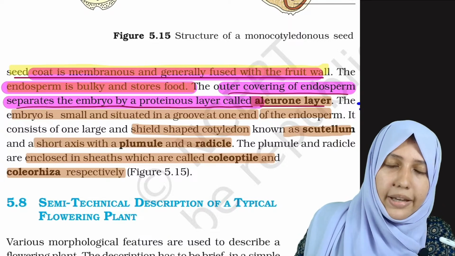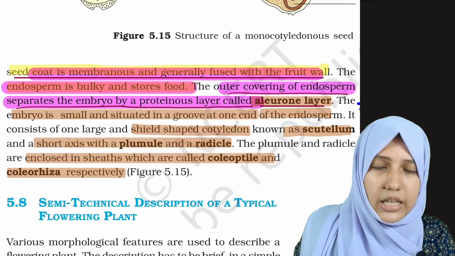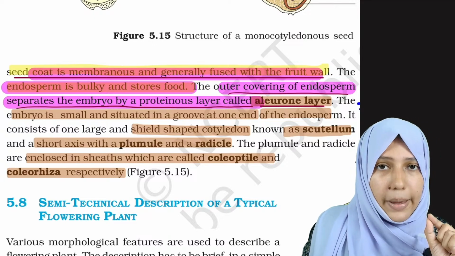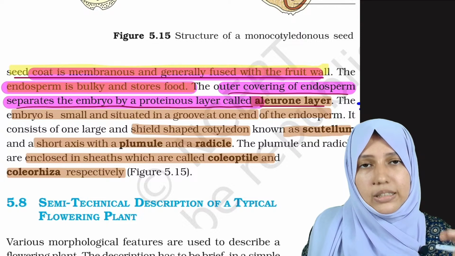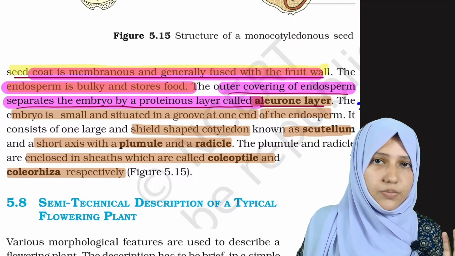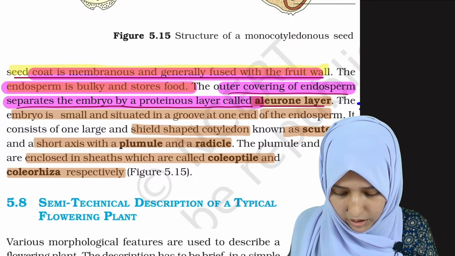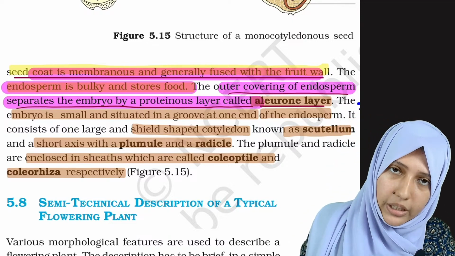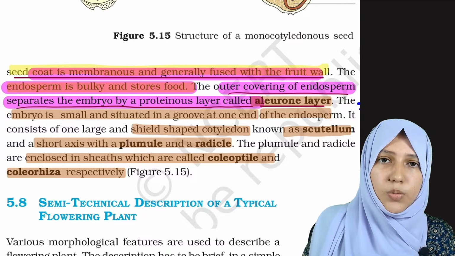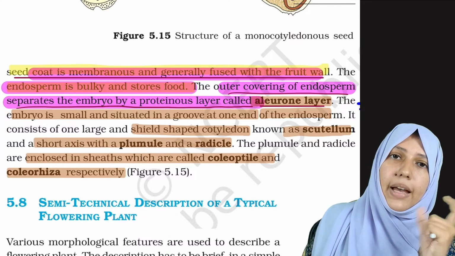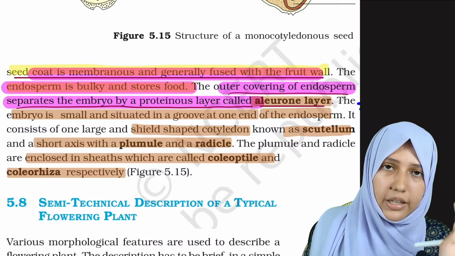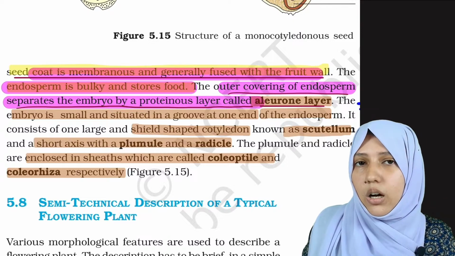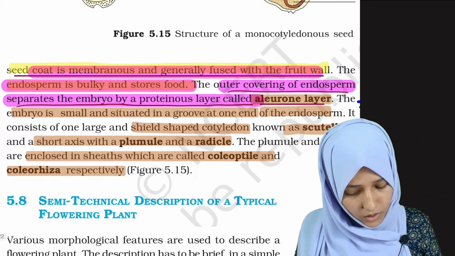What is the aleurone layer? The aleurone layer is a proteinaceous layer covering the endosperm, which separates the endosperm and embryo.